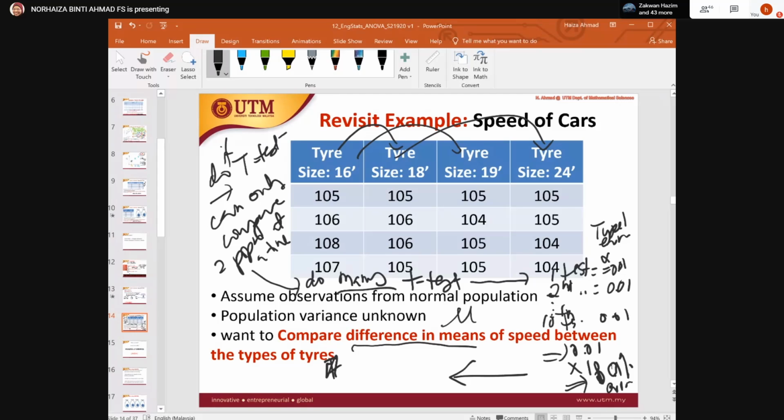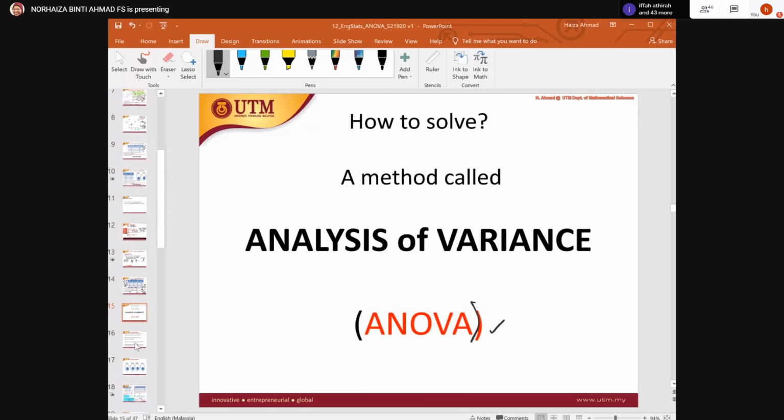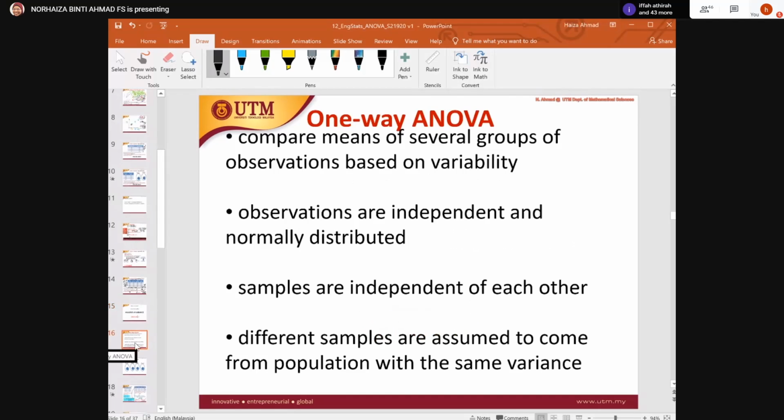Okay. So one way of going about this problem is using a method that would simultaneously do the test, using an analysis of variance, otherwise known as Anova. What Anova does is it compares the means of several groups of observations, but based on variability.